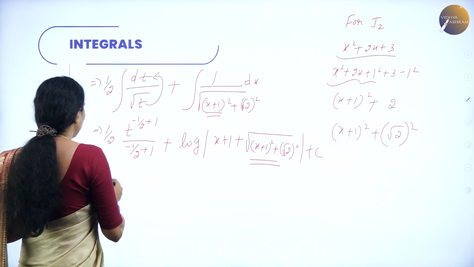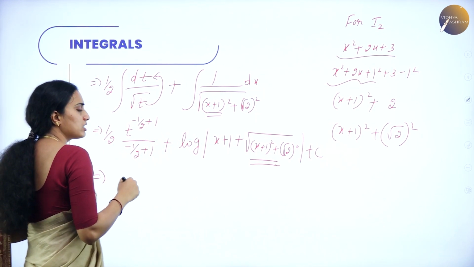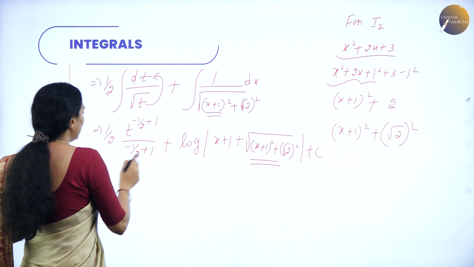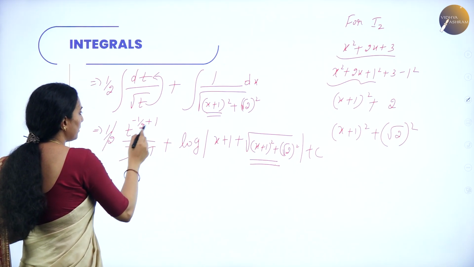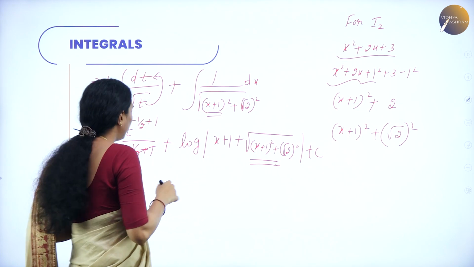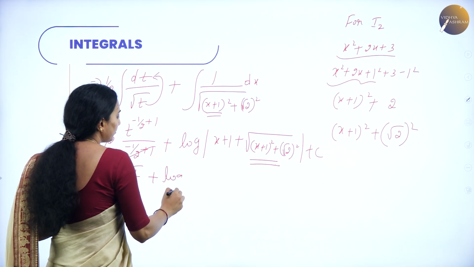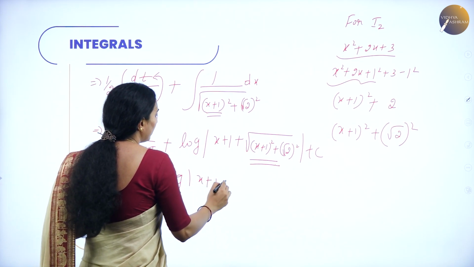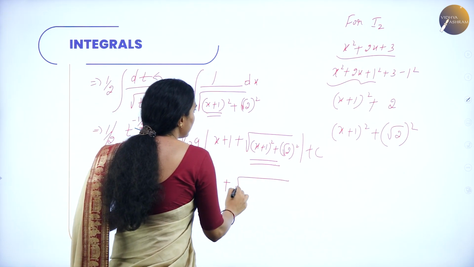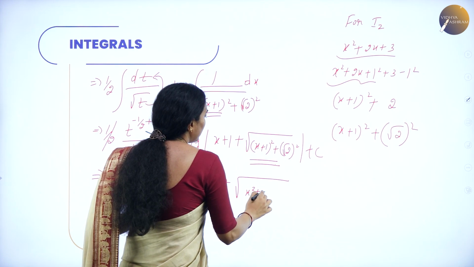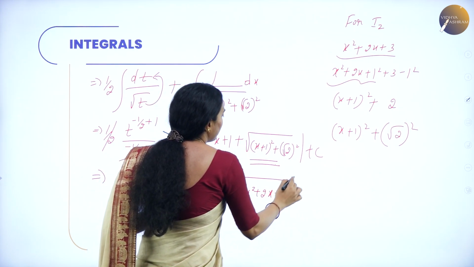Therefore, writing that one, which implies, 1 by 2 will get cancelled. So remaining is t to the power of minus half plus 1, which is half only, which is root t plus log of modulus of x plus 1 plus under the root of x squared plus 2x plus 3, plus c.